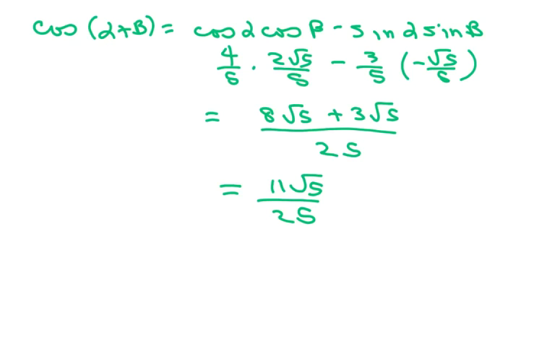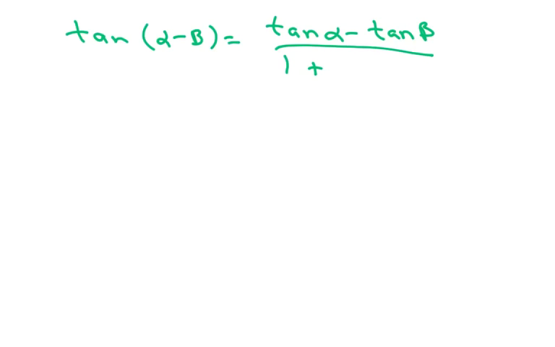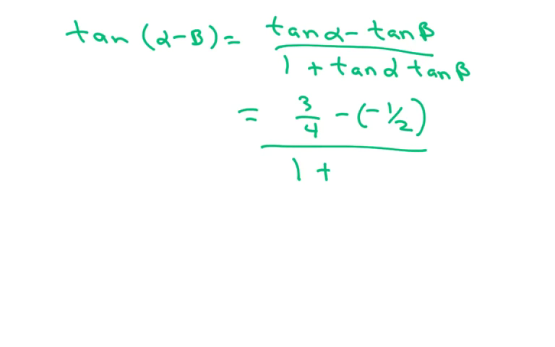And the last one is tangent. Tangent of alpha minus beta equals tan of alpha minus tan of beta over 1 plus tan of alpha times tan of beta. So we're going to get 3 over 4 minus negative 1/2 over 1 plus 3 over 4 times negative 1/2.